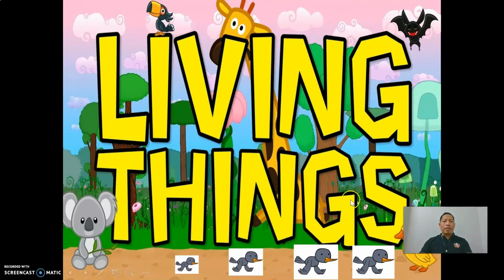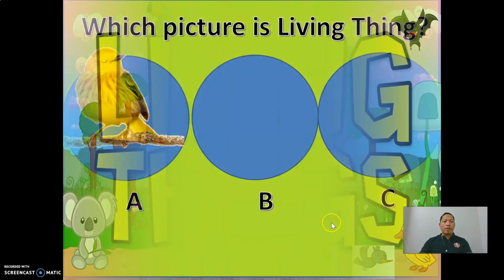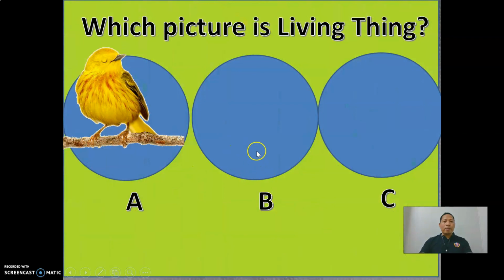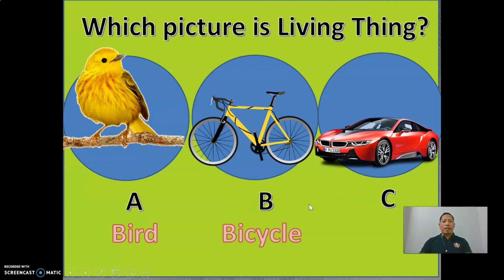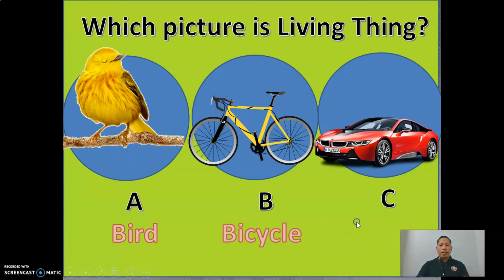Okay, it is a living thing, right? B is a bicycle. Good. Letter C, what is that? A car. Okay. Which picture is a living thing? What do you think?